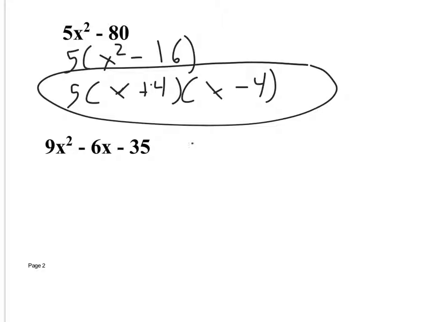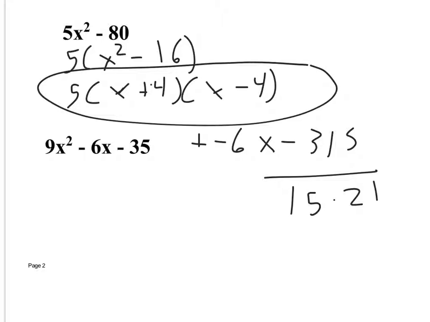So you look for what would add to give me negative 6 and multiply to give me 9 times negative 35, which is negative 315. Just to save some time, it's 15 and 21.